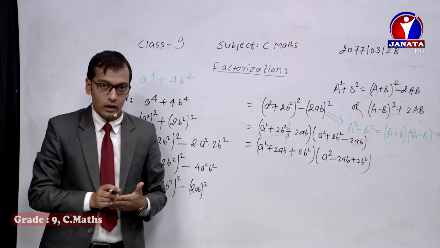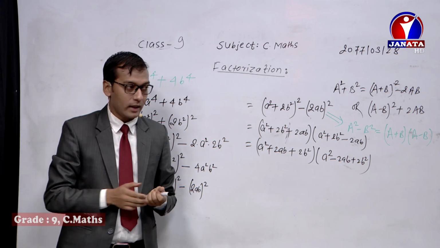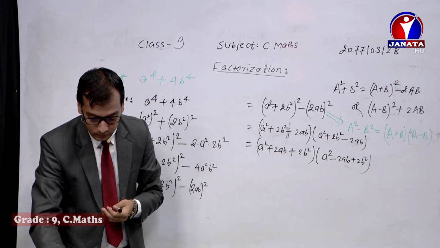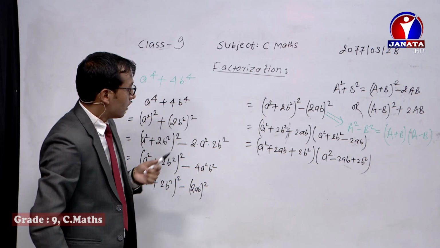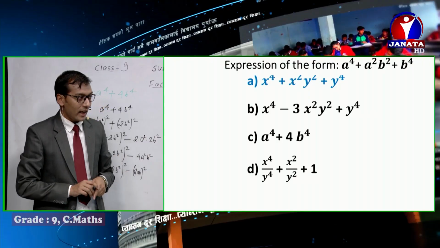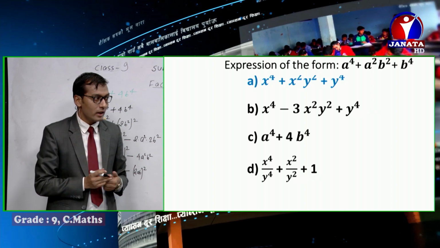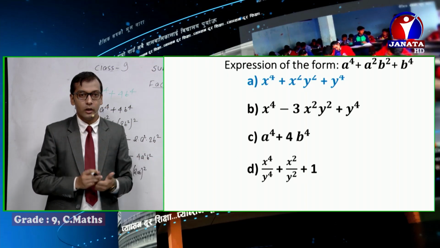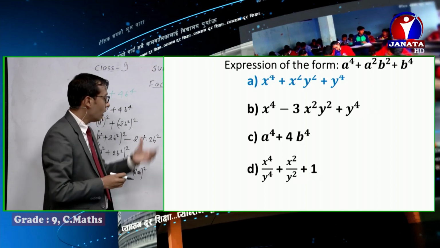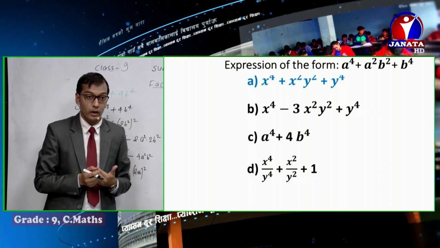Now let me give some questions for practice work, on the slides. Let's look at question number D. Again, this question is similar to all the questions which we have done here.